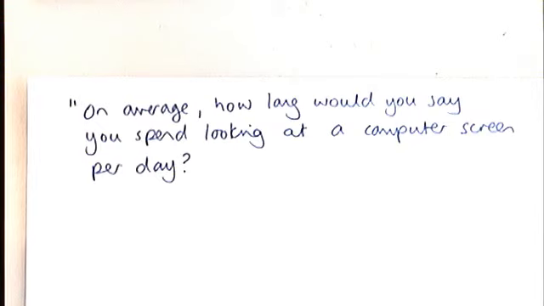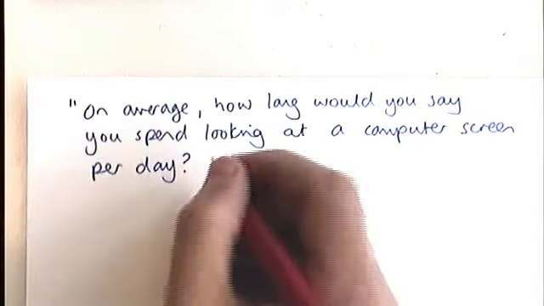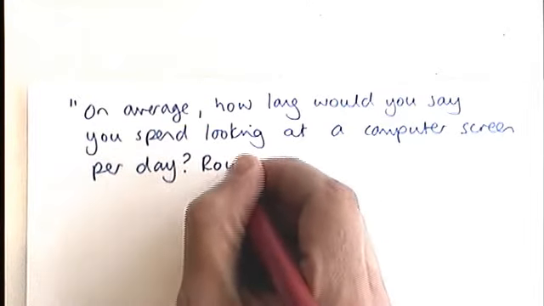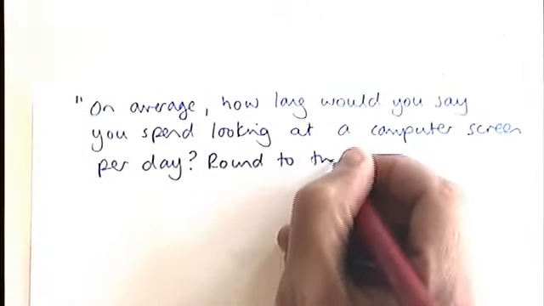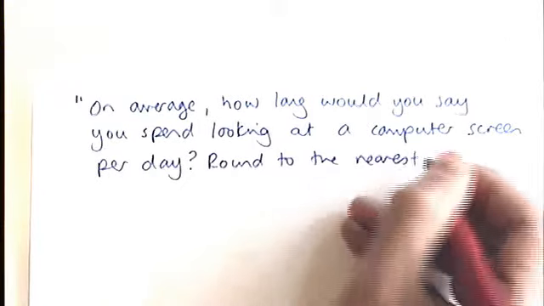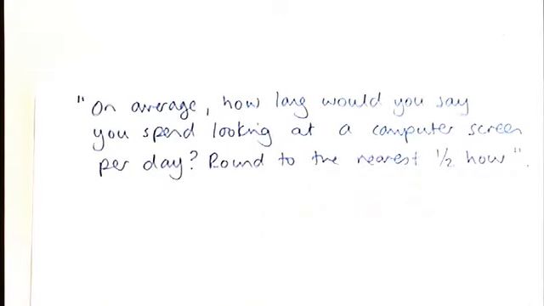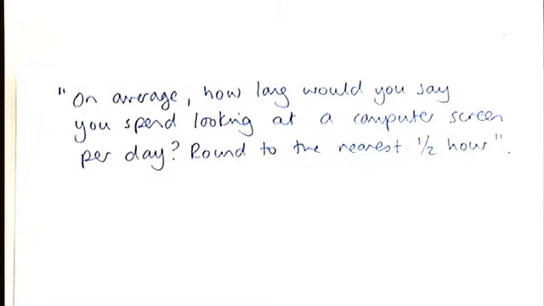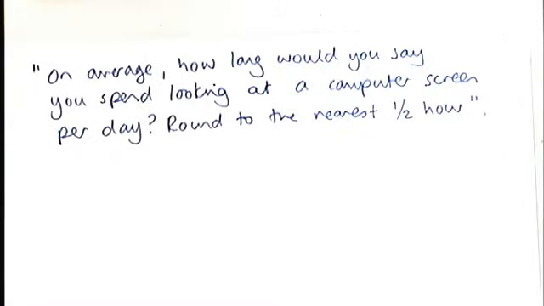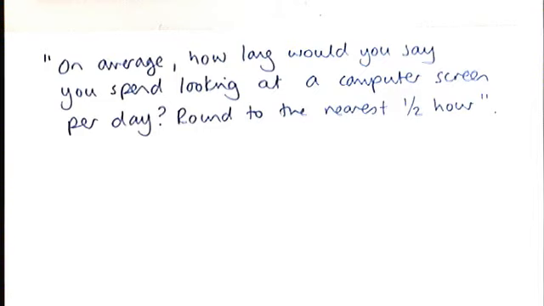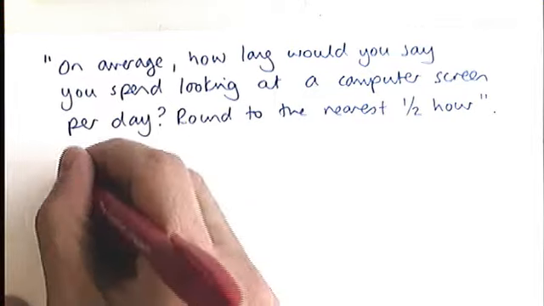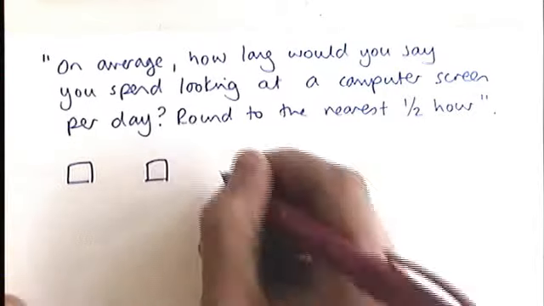And then what I'm going to do is I'm going to say round to the nearest half hour. I'm giving the instruction there. I'm passing the responsibility on to the person who's going to answer this survey question. So my question is now great. It says a time period, and it's asking them to round to the nearest half hour. And suddenly my answer boxes become really easy.